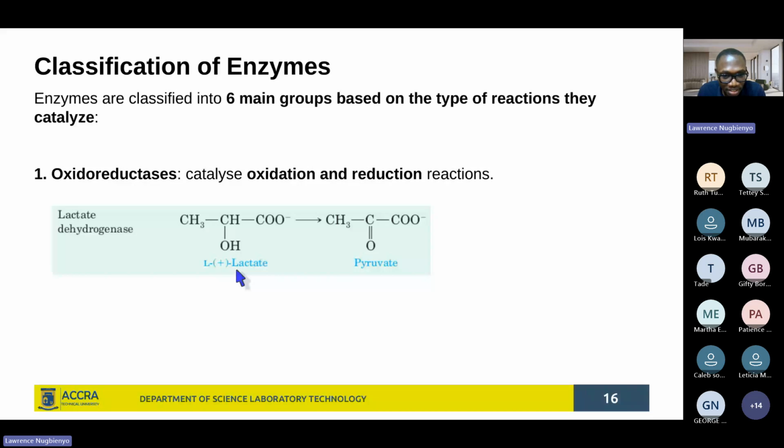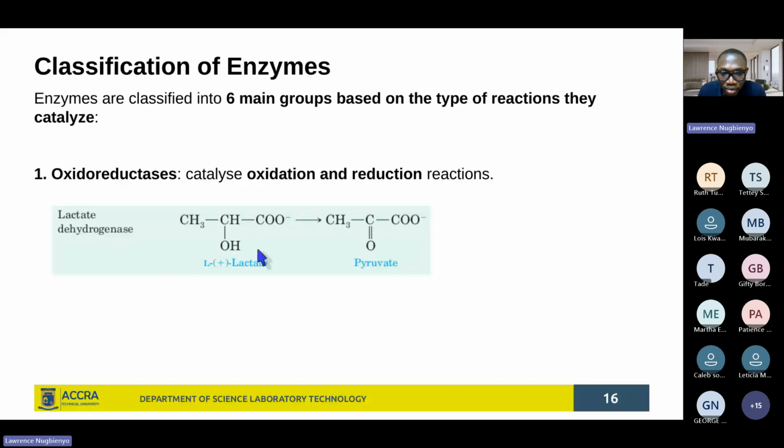If you look at the reaction, you see the reactant, or the substrate, is lactate, and the product is pyruvate. Now look, the second carbon in the middle has a hydroxyl group on it, OH. That's a hydroxyl group on the second carbon in lactate.